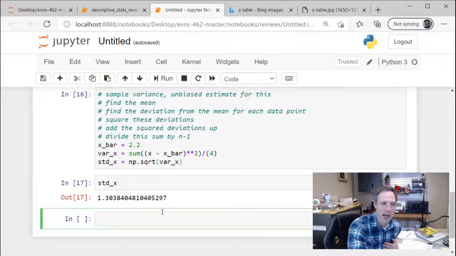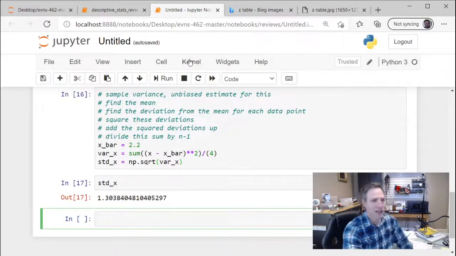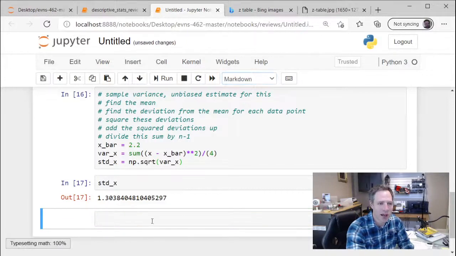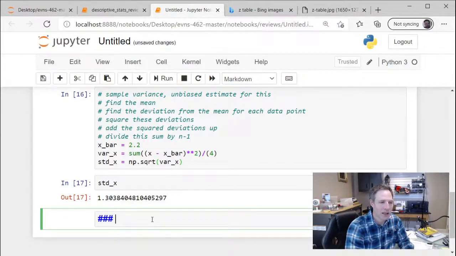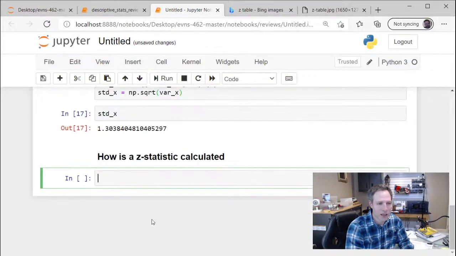Okay, so how do you go about, let's go over here to a blank screen, and let's summarize how a Z statistic is calculated. All right, so the first thing to do is let's talk about what you need in order to calculate this.